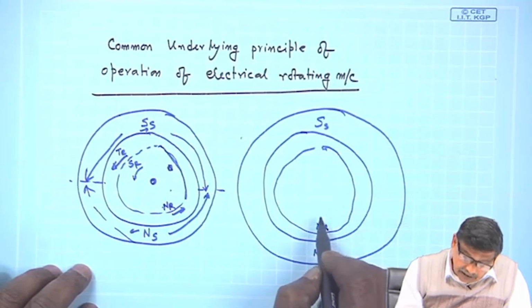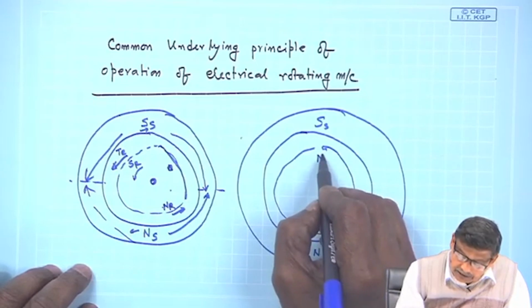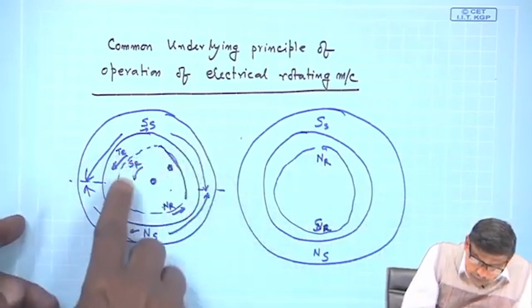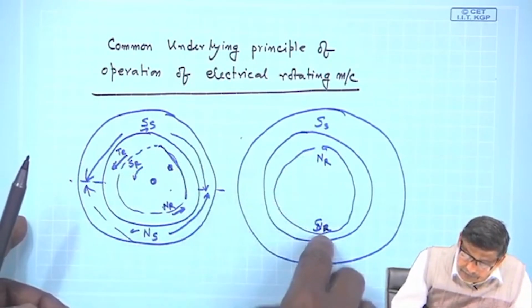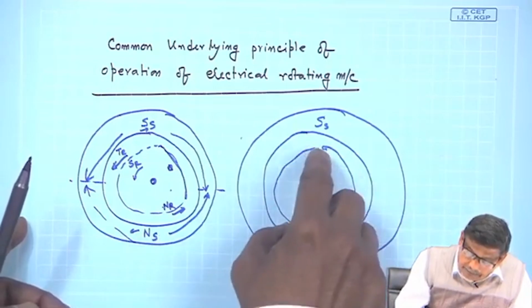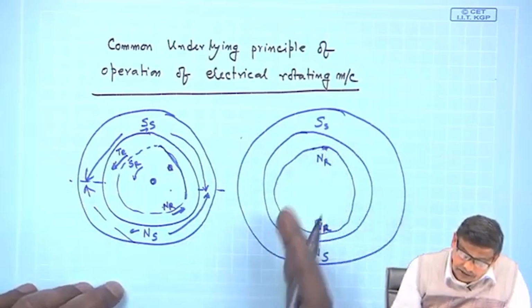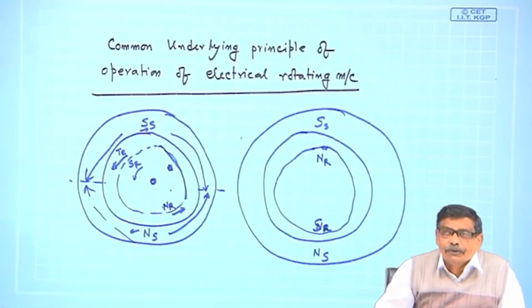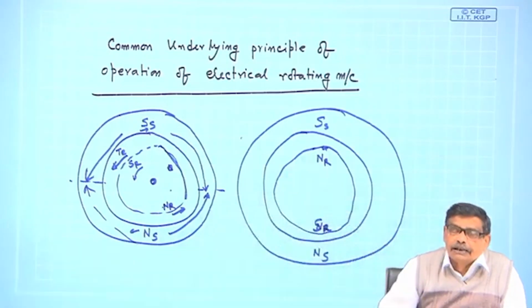NR, I am sorry, SR will come here and NR will go there, and when they are aligned, as it is moving, SR is coming under NS. So, like this it has come here, and at this point you can easily see when the stator and rotor fields are aligned along the same line, no torque, nothing like tangential force it will be experiencing.